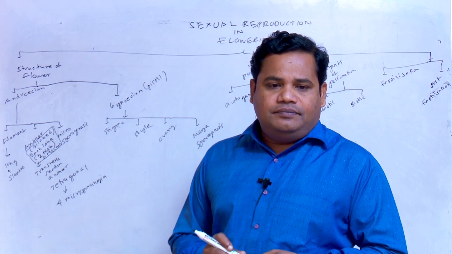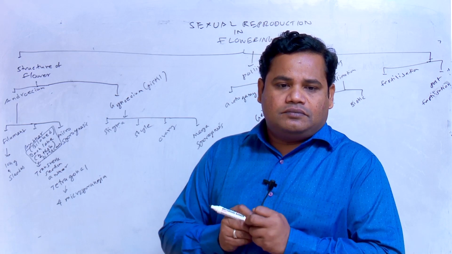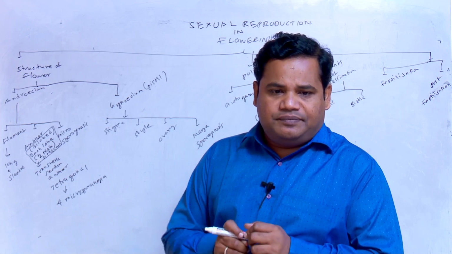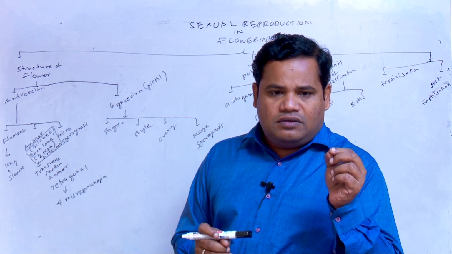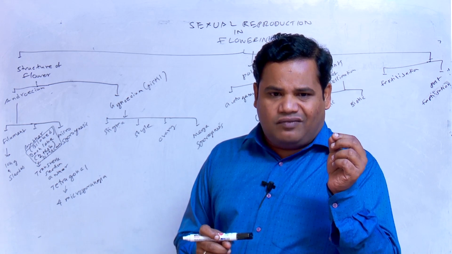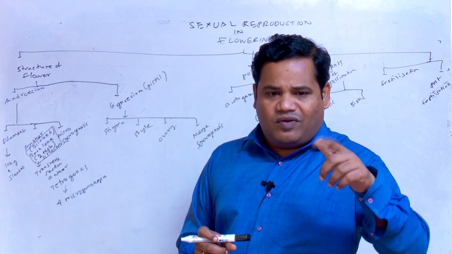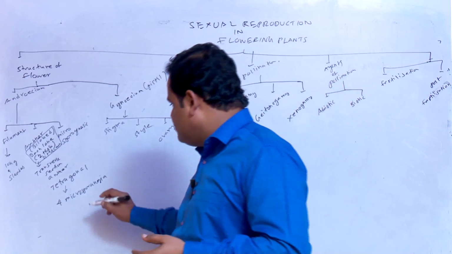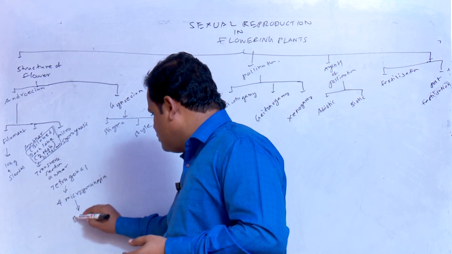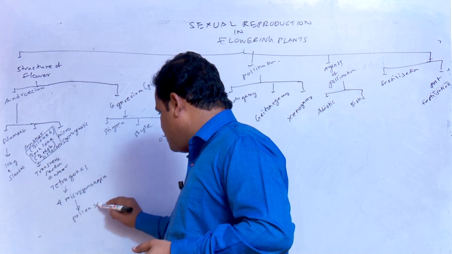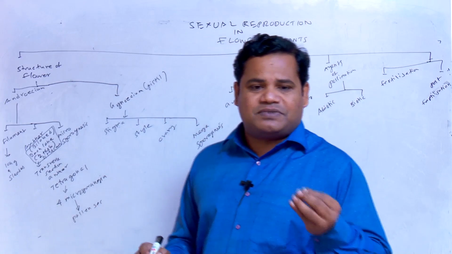This is the location where the microsporangia develop further and become a pollen sac.